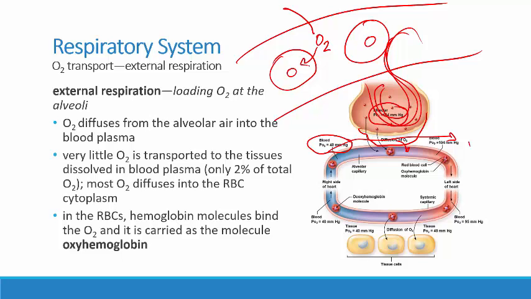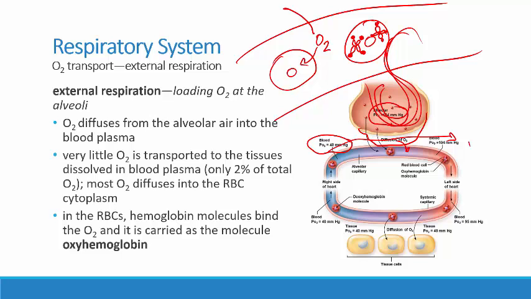In the red blood cells, we have hemoglobin molecules, and I'm going to show it like a little 4-petaled flower. Each one of those petals can hold on to one molecule of oxygen. So there are 4 heme groups, and each heme group can hold a single oxygen molecule, so that we load up all of the hemoglobin inside the red blood cell with oxygen.